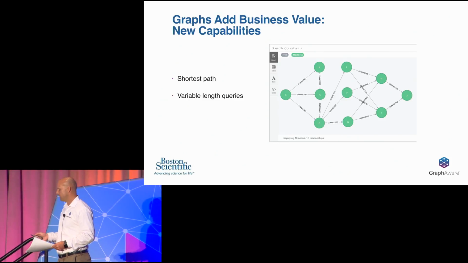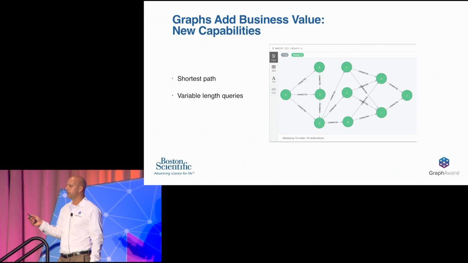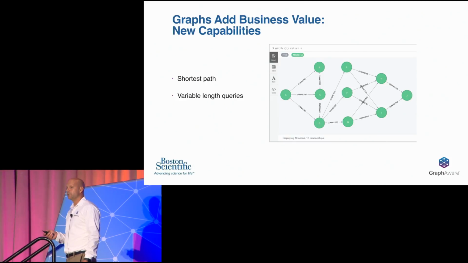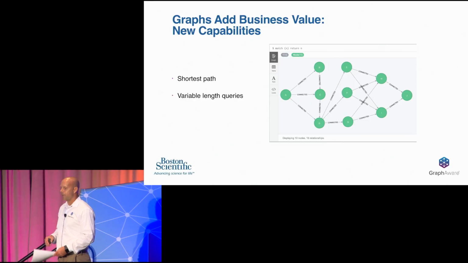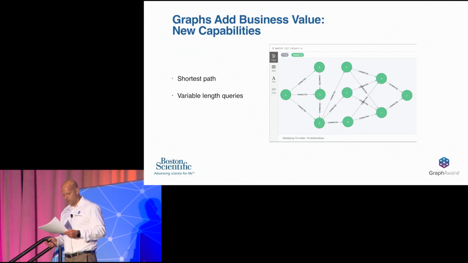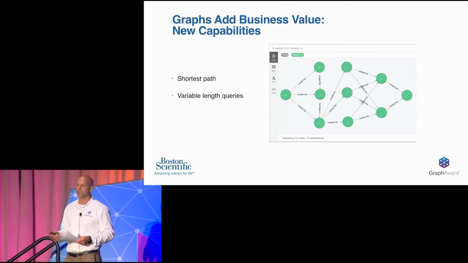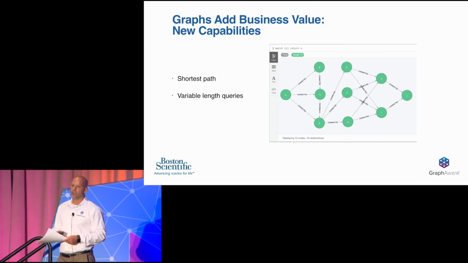So shortest path, an example, would be if we started on the left and we wanted to go from node A on the left all the way to node J on the right, but we'd like to do that in the shortest and smallest number of hops possible. This is actually a very common problem across a wide range of industries, including shipping, logistics, transportation, financial industries, networking, and so on and so on. So the utility of the shortest path is actually incredibly useful to have in your business.